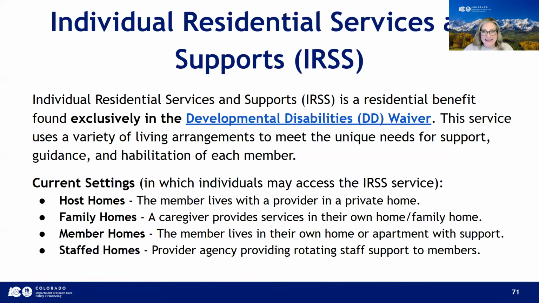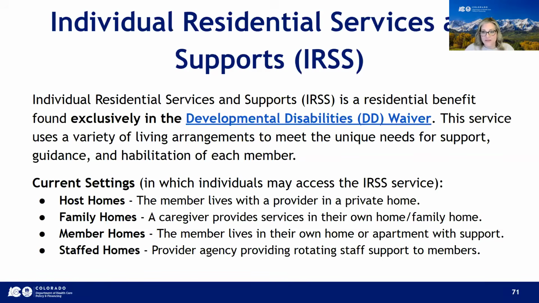IRSS services, individual residential benefit that is available exclusively in the HCBS DD waiver. The DD waiver provides access to 24-hour supports and supervision. The service uses a variety of living arrangements to meet the unique needs and support and guidance of habilitation for each member. Residential habilitation services and supports help members stay safe and healthy in their home and teach skills needed to live in the community.